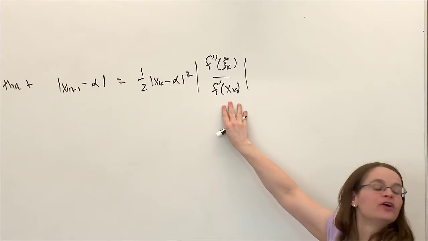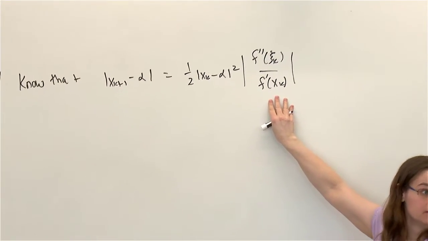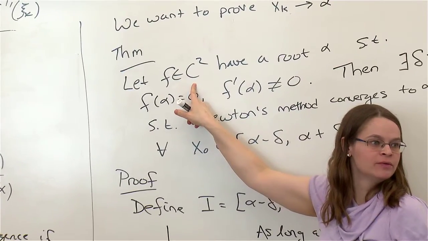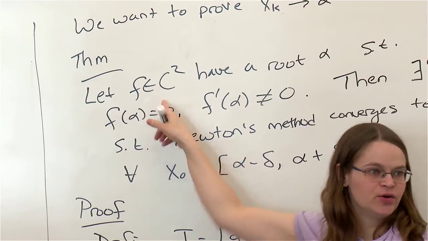We don't know what this number is. It's something, but it's bounded, right? Why is it bounded? Because f is C2. F has continuous first and second derivatives.